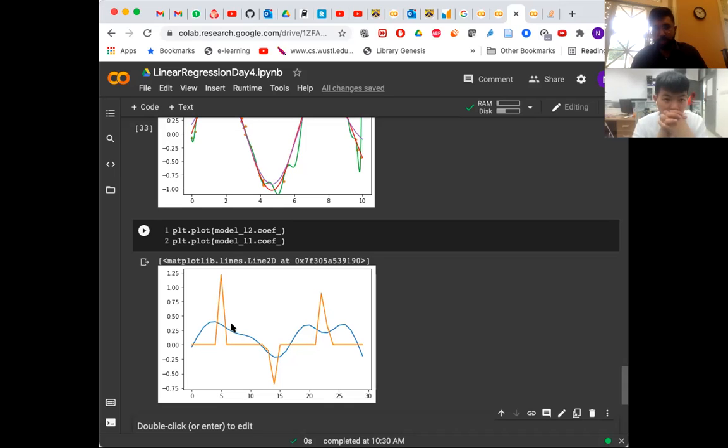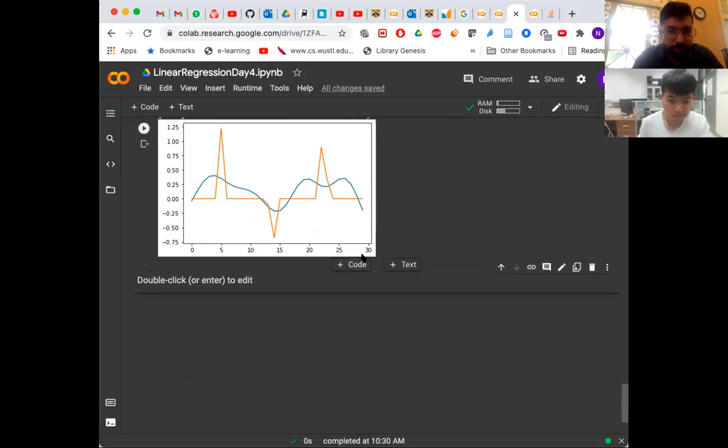Does it make sense to everyone? Excellent. One other thing that I want to show is probably the norm of the weights. Yes, we want to see this.